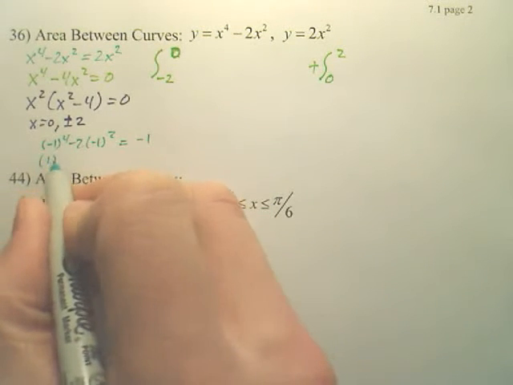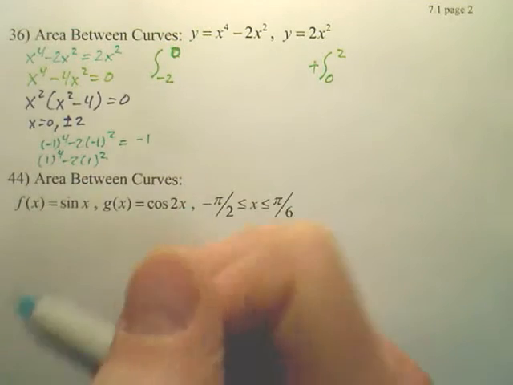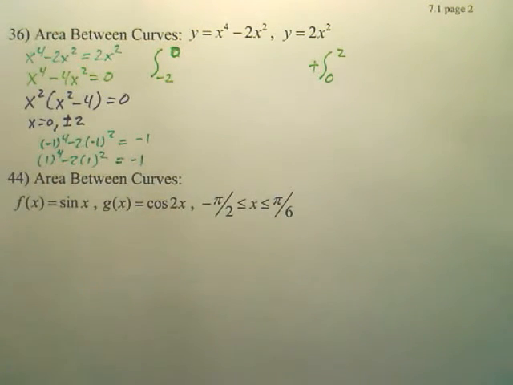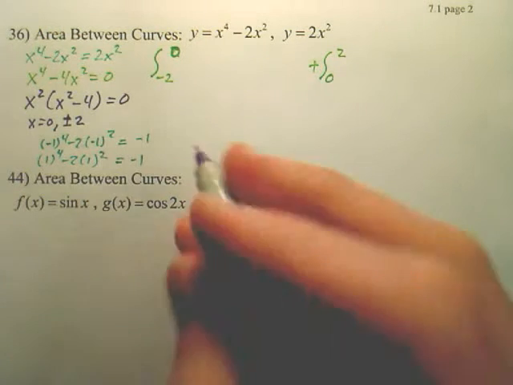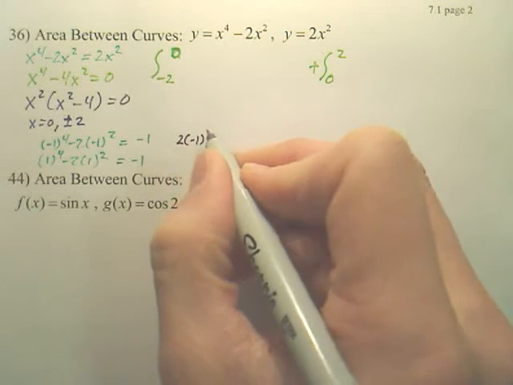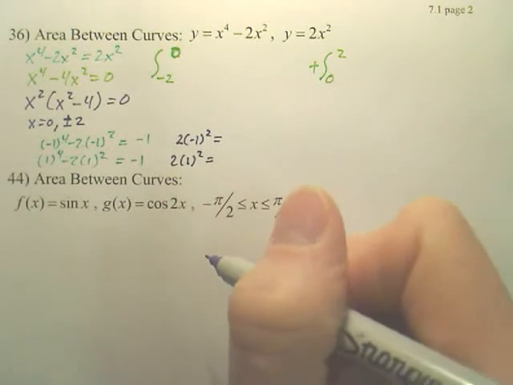And then let's also plug in 1 to that equation. Does it change anything? So 1 and negative 1 both came out with negative 1. If we go to the other equation, 2 times negative 1 squared and 2 times 1 squared, do those both come out with 2?